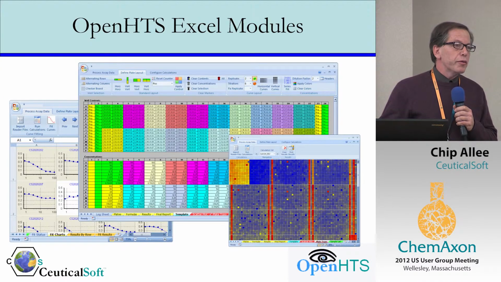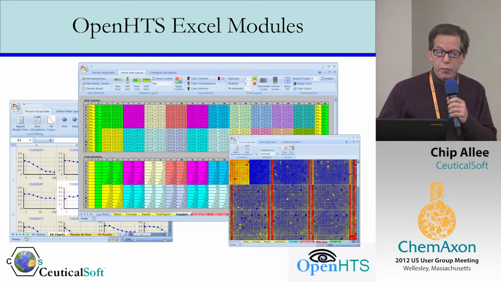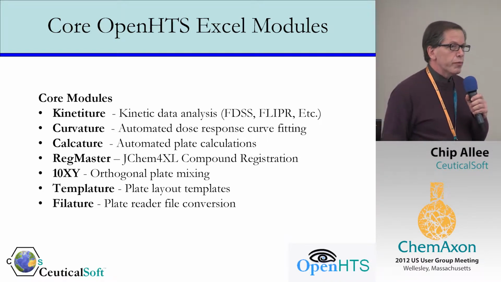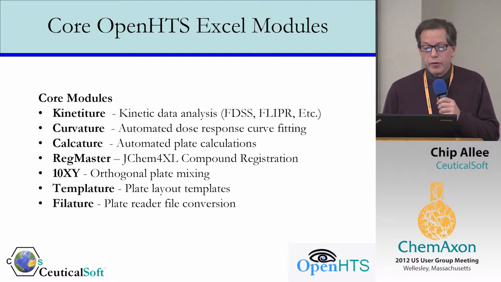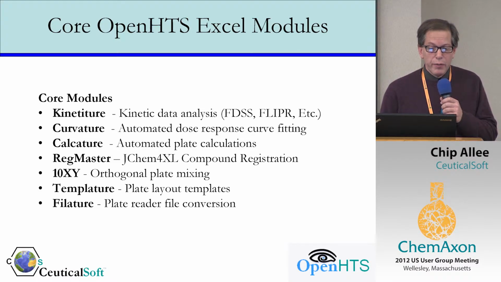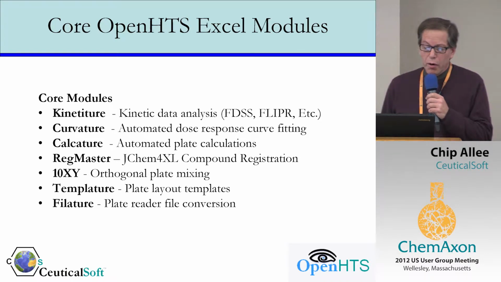Everything we do is Excel-based, so we have Excel modules for data analysis and querying, and now we have a compound registration system that's also Excel-based. We have a lot of different modules for robotics and instrumentation, but our core modules focus on kinetic data for, say, flipper assays, automated dose response, and plate calculations, any variation of plate calculations, either for assay development or high throughput screening, et cetera.